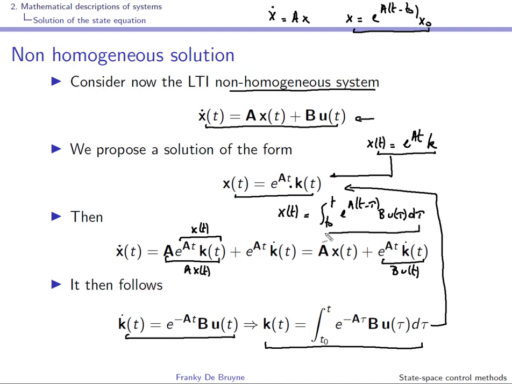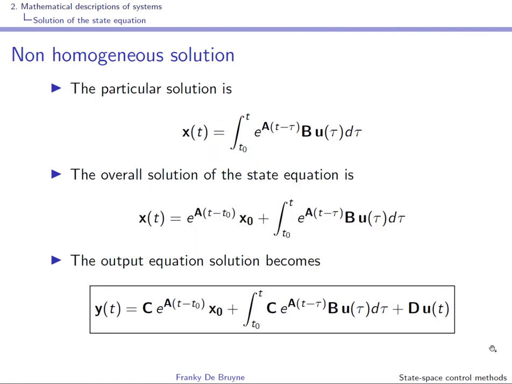So this is a particular solution of the non-homogeneous system, and if we add it to the general solution of the homogeneous system, we have the solution of the state equation. So this is the particular solution to the non-homogeneous system, right? This is the general solution of the homogeneous system, and if we add the two, we have the overall solution of the state equation.